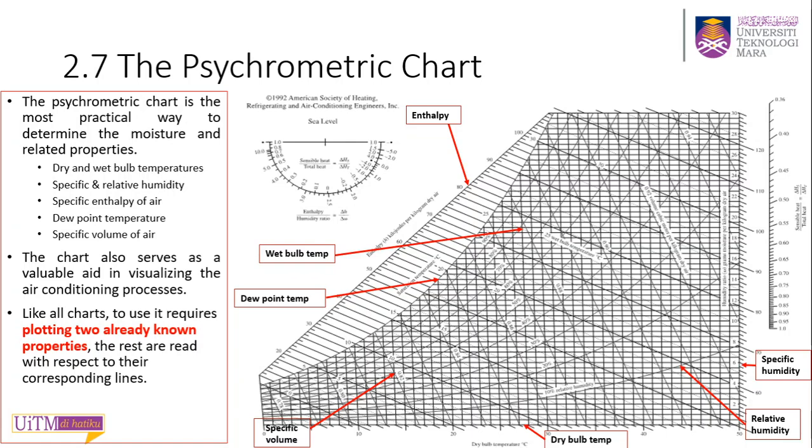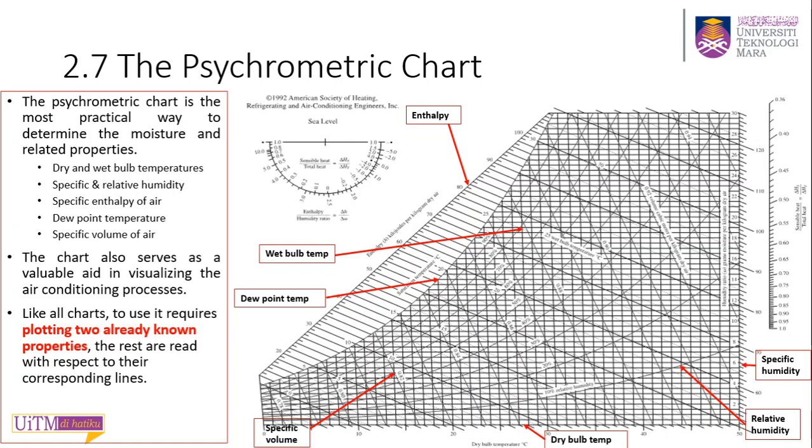And then we have the specific volume, the inclined line. Try to look for the value 0.82. So 0.82, 0.83, 0.84, those are the lines for specific volume.